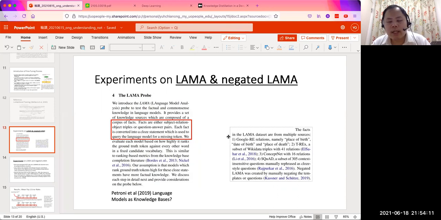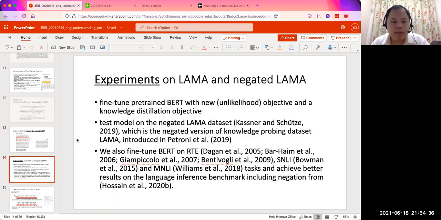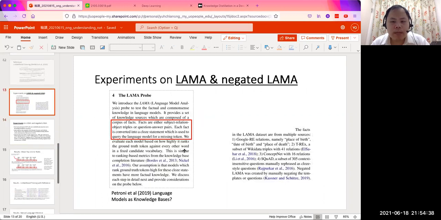And it's actually, of course, collected from many places, including Google RE relations, such as place of birth, date of birth, place of death, T-Rex, subset of Wikidata, big triples with 41 relations, ConceptNet, Squad, and yeah, that's about it. Okay, so LAMA and negated LAMA. Of course, negated LAMA comes from LAMA that has been switched over to negative sentences.